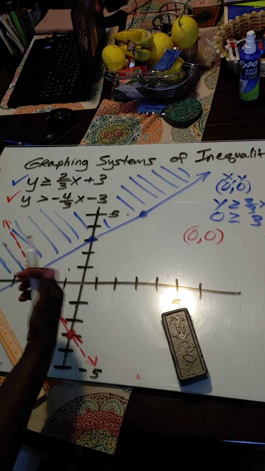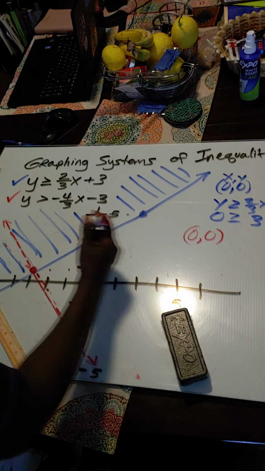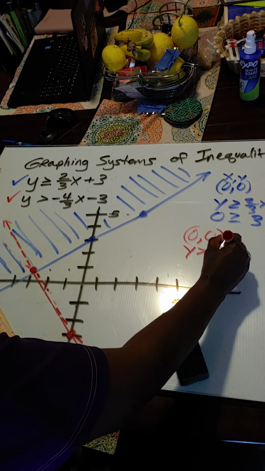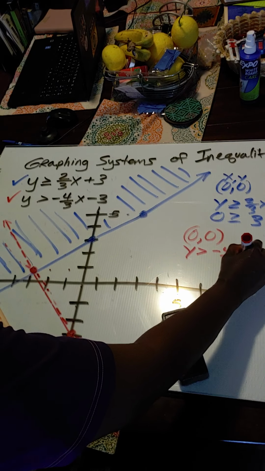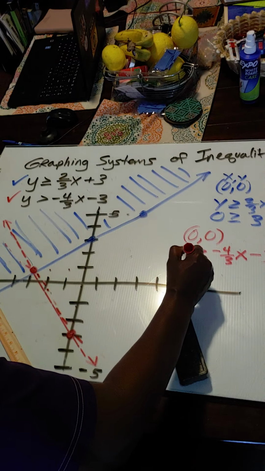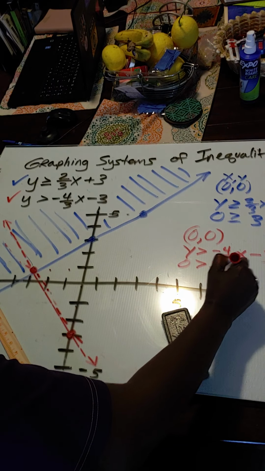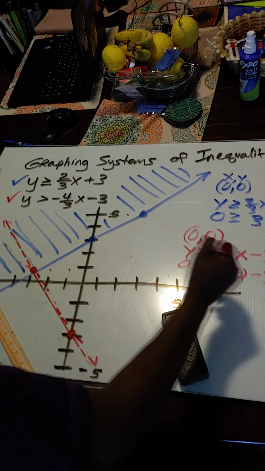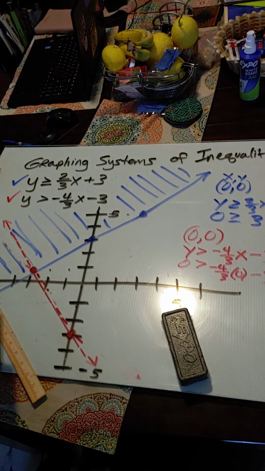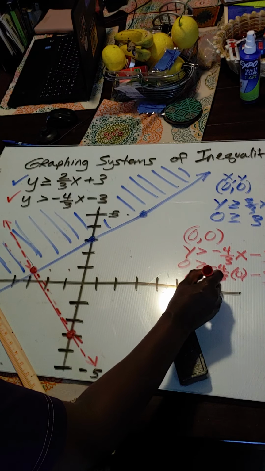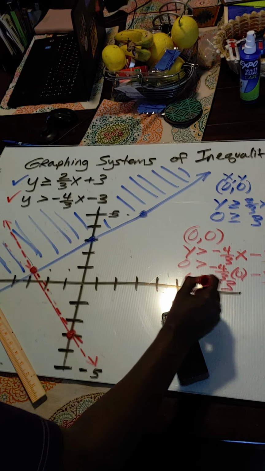I'm looking for a true or false statement. And so given y is greater than negative 4/3 x minus 3, if I were to substitute y with 0 and x with 0, I would end up with 0 is greater than negative 3.